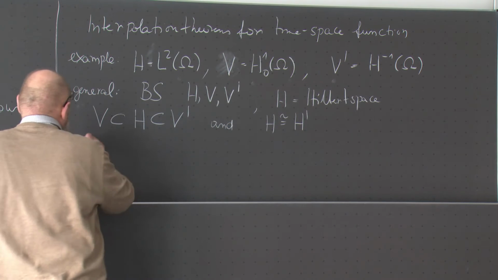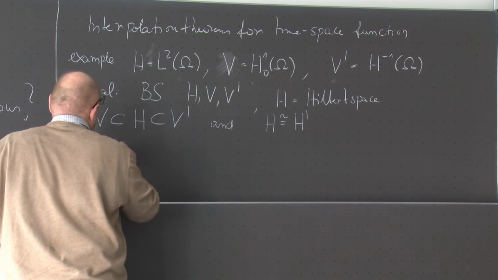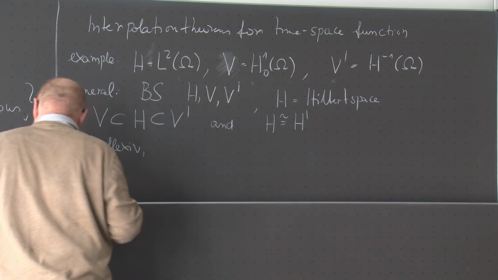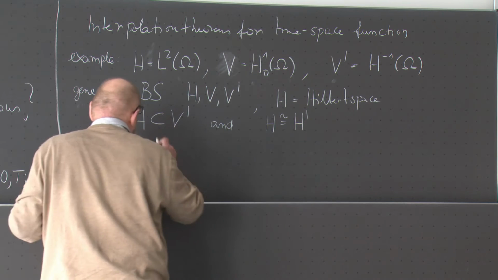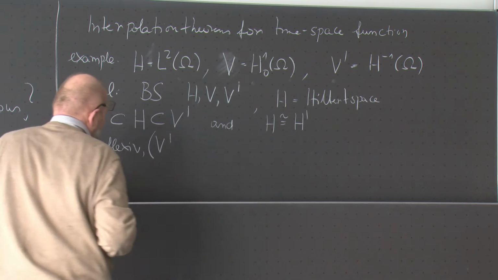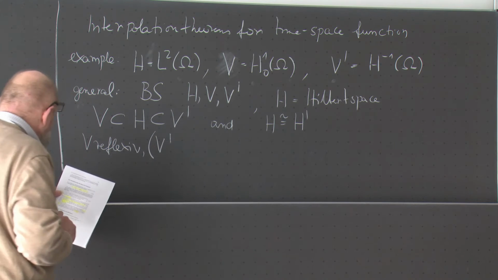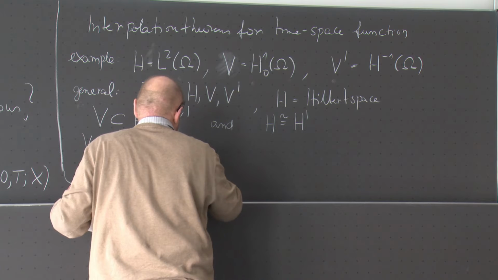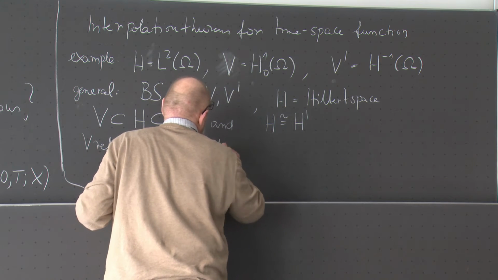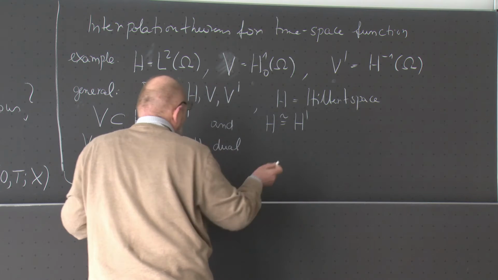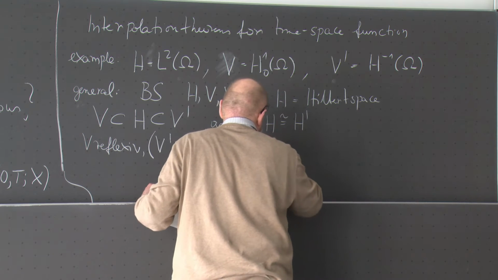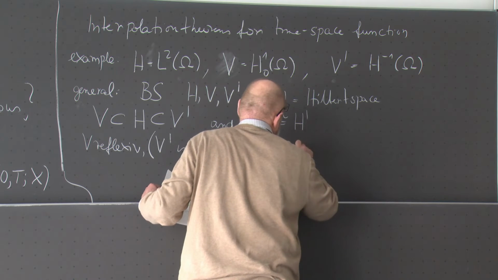What we still need is that V should be reflexive. V prime, that is something which sometimes one can omit, is the dual. And now we have a new notion, the dual with a consistent structure. I will explain in a second what this means.